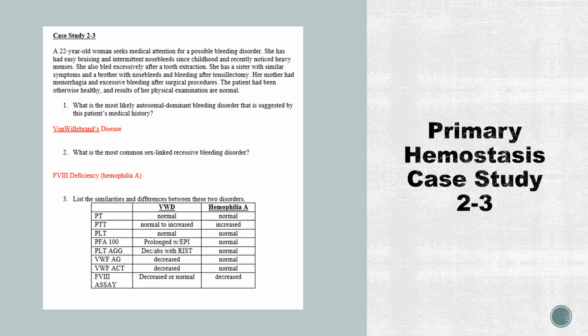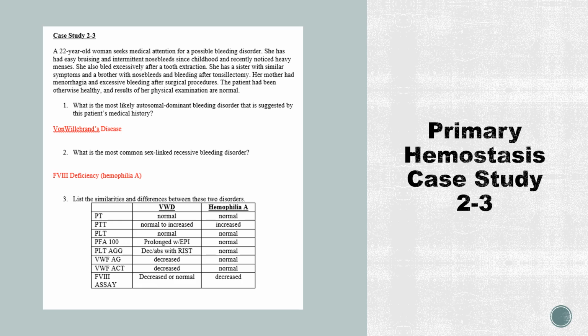Our platelet aggregation pattern with von Willebrand's would be normal with everything except for ristocetin, and we would see it decreased or maybe absent with ristocetin. And platelet aggregation pattern would be normal for hemophilia A. Von Willebrand factor antigen would be decreased, but von Willebrand factor antigen would be normal if the patient had hemophilia.